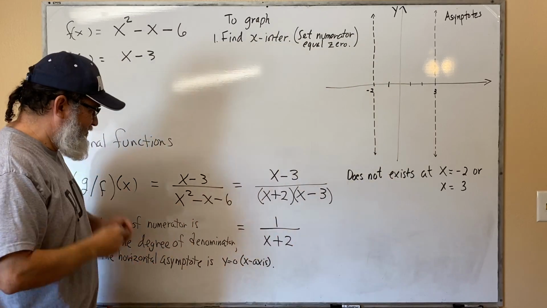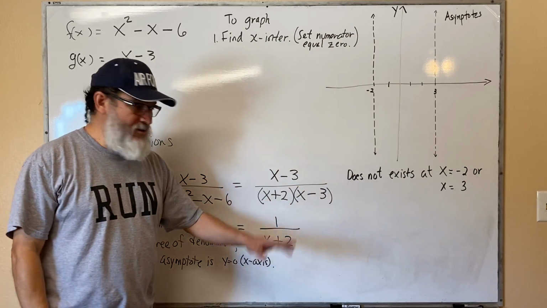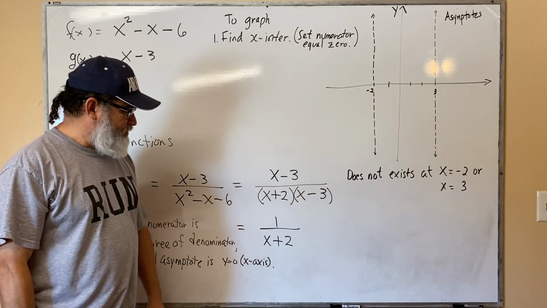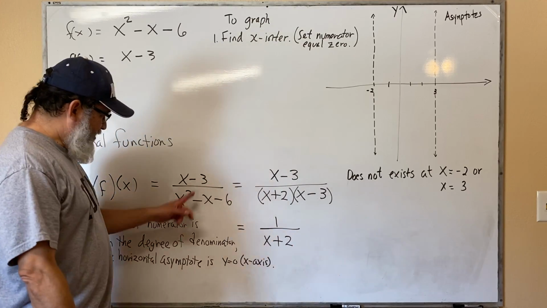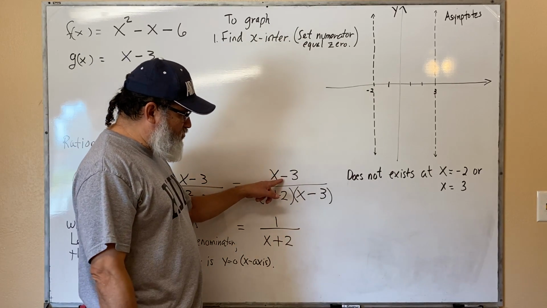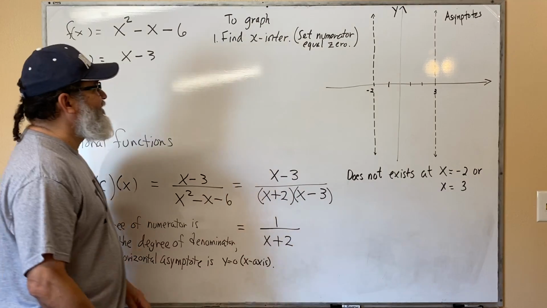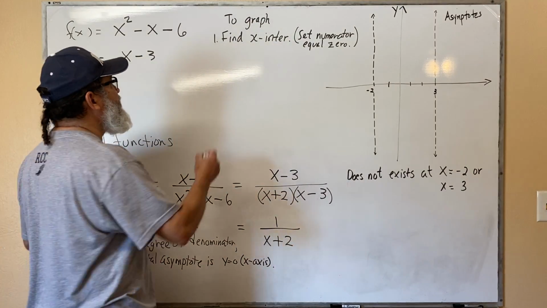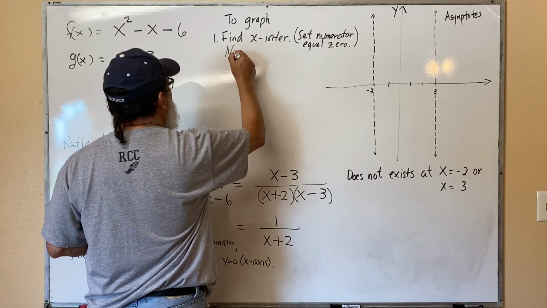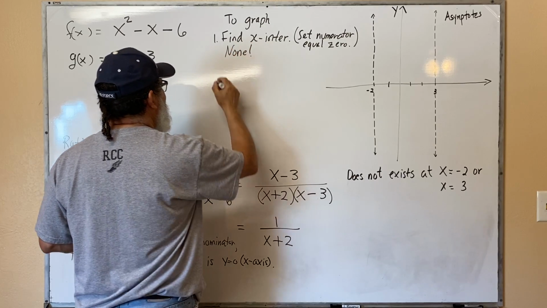Okay? Before you simplify, okay? So the numerator equals 0. What makes this numerator equal to 0? 3. So in this case, none.